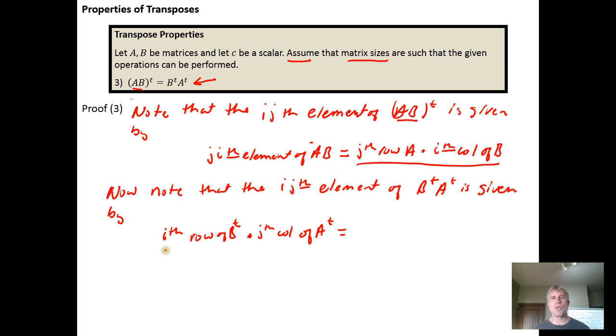Notice the ith row of B transpose has to be the ith column of B, because when we take a transpose, the columns become rows and the rows become columns.